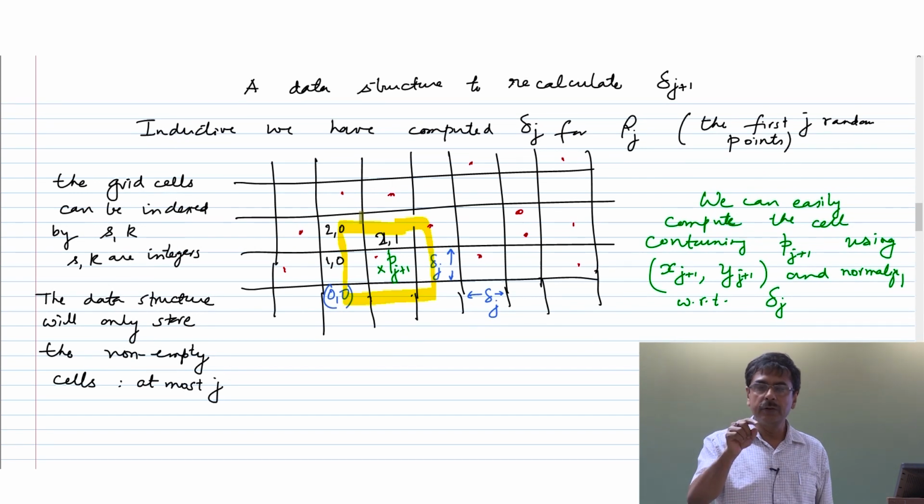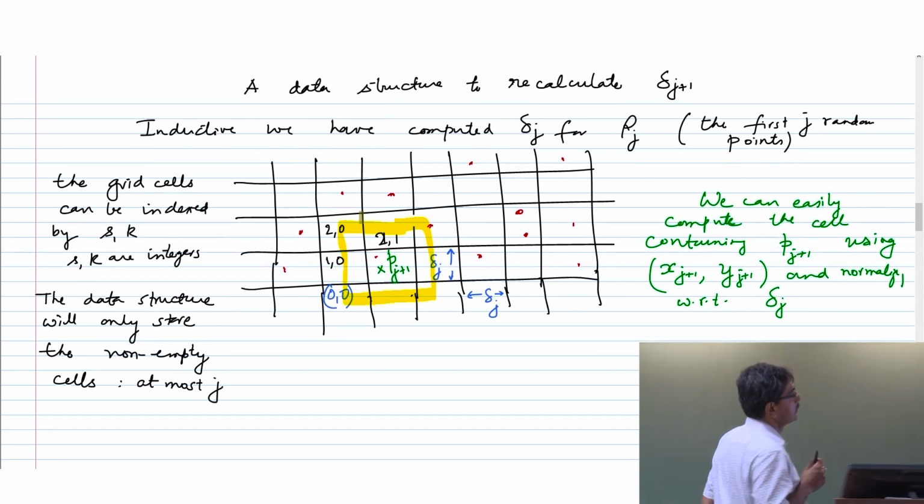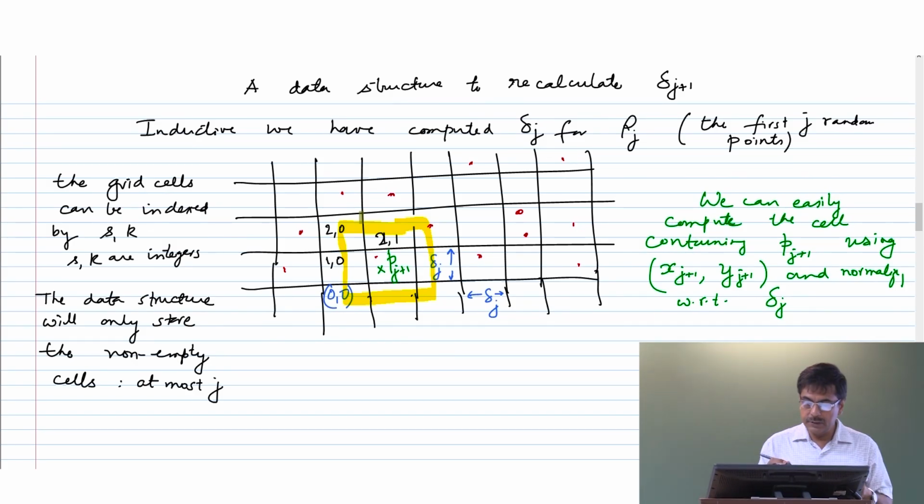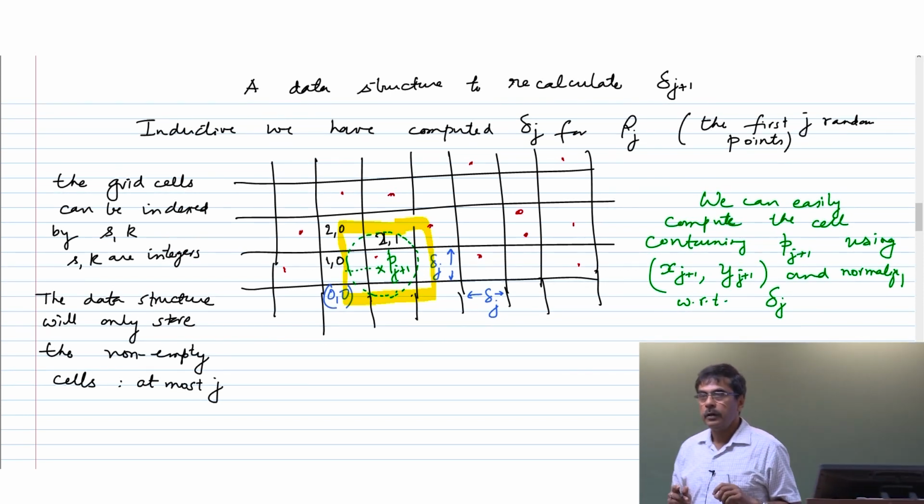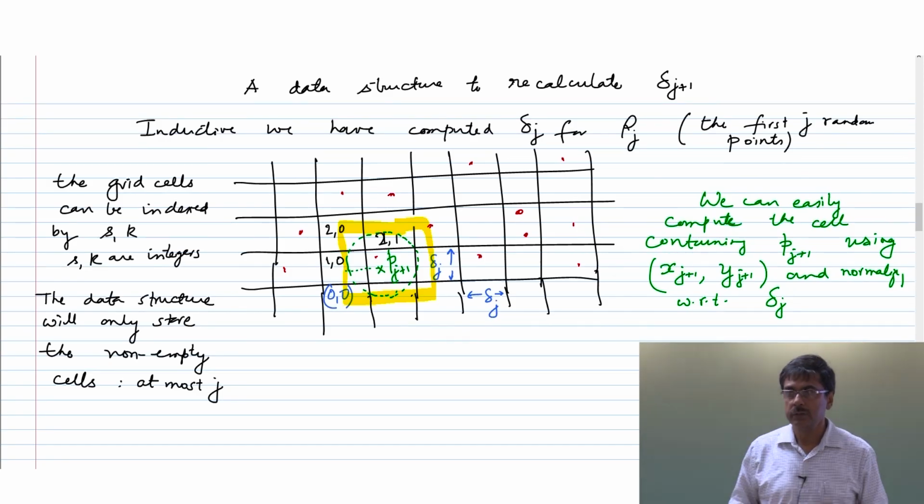You rightly said, if I draw a radius delta j disk around Pj, let's use green, a disk like this of radius delta j. Only points within this region will be closer, right?